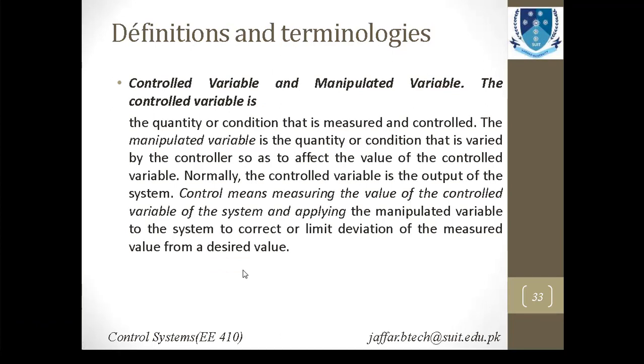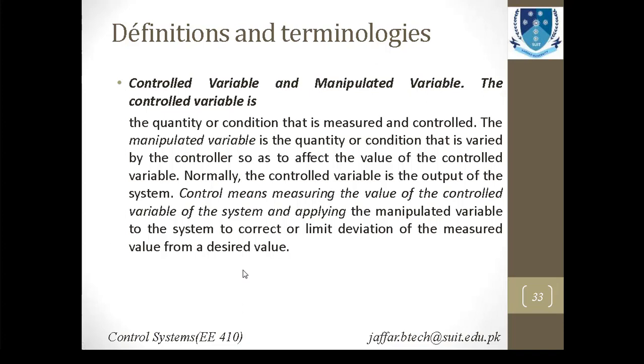Now coming towards different definitions and terminologies that are involved in a control system, you have to look at some controlled variables, that is, what variables you want to control, and some manipulated variables. Using the manipulated variable, you are basically controlling the controlled variable.